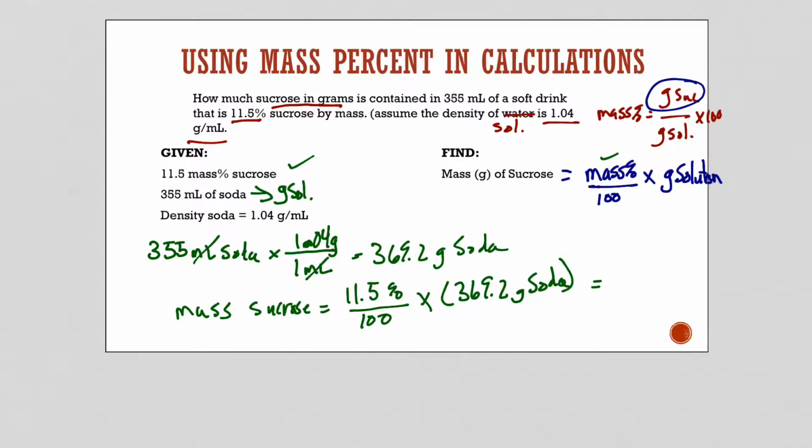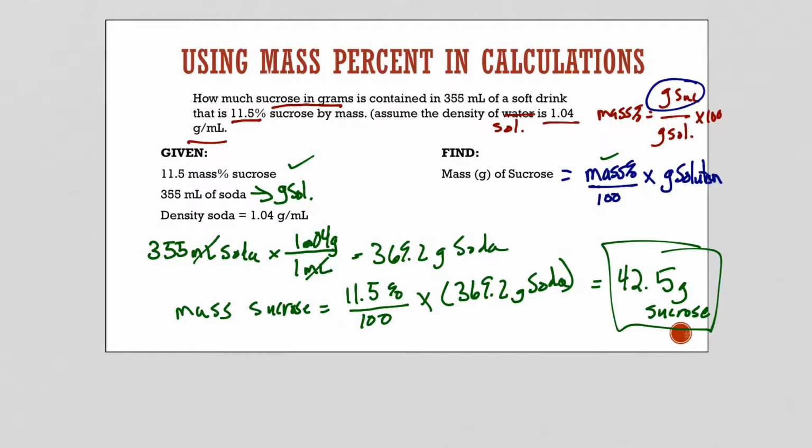And so if I carry that out, I'm going to get 42.5 grams of sucrose. So this can of soda contains 42.5 grams of sugar if it is 11.5 mass percent sugar.